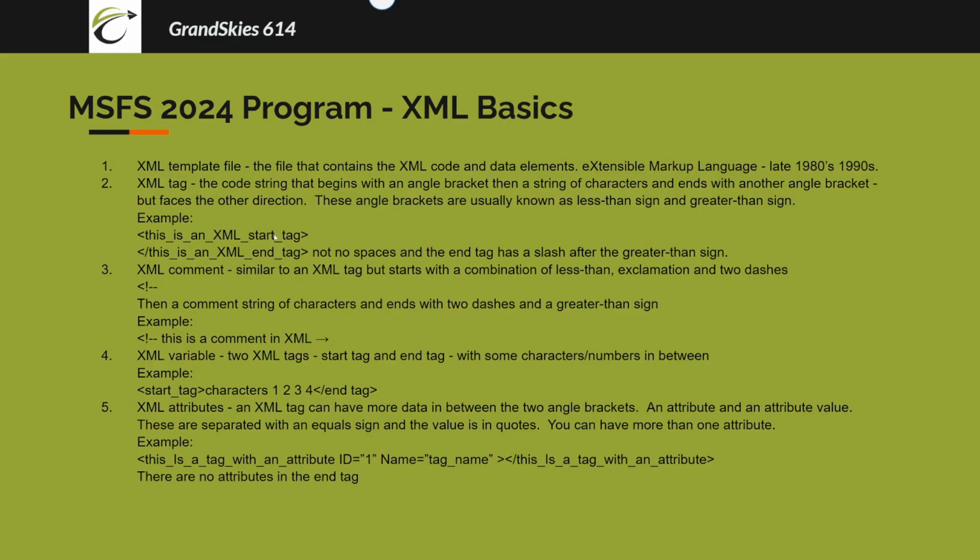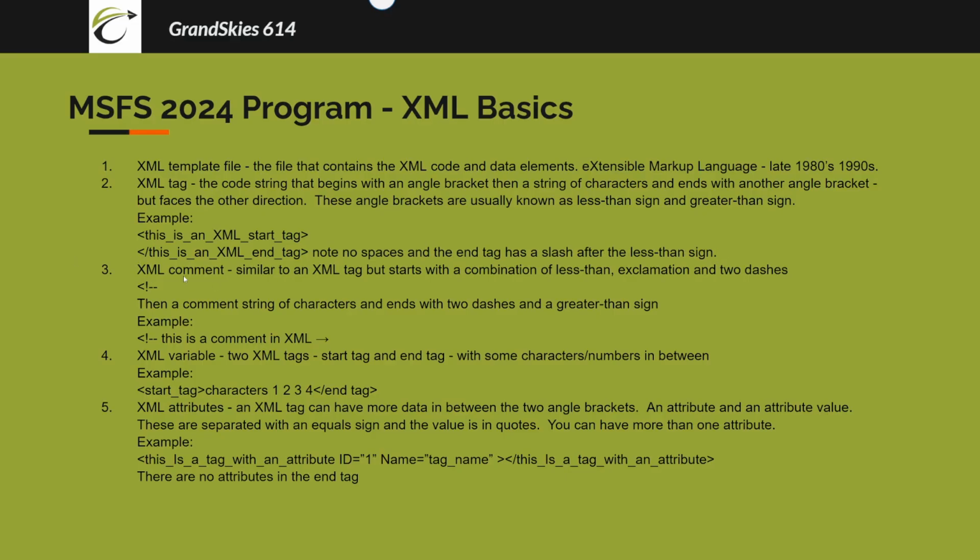So this is an XML start tag, and another tag is the end tag, and that includes a slash at the beginning with the same name as the start. And note there are no spaces, and the end tag has a slash after that less than sign.